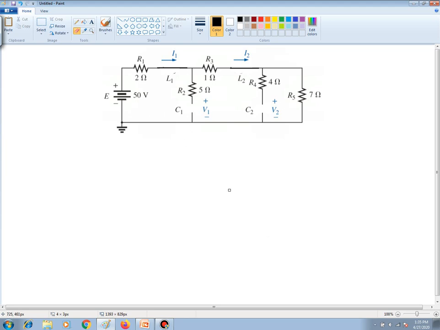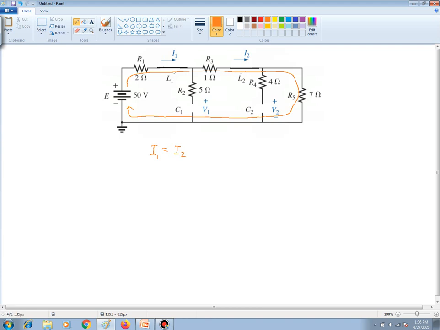In analyzing this circuit, we can see that current will not flow through R2 and current will not flow through R4. So all of the current will be flowing from the voltage source and will go all the way around like this. So therefore, we can see that current I1 is equal to current I2 because it's the only current.